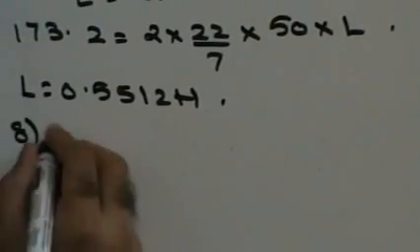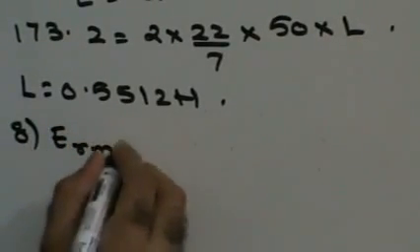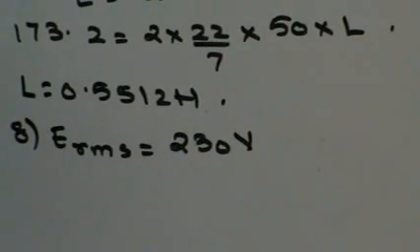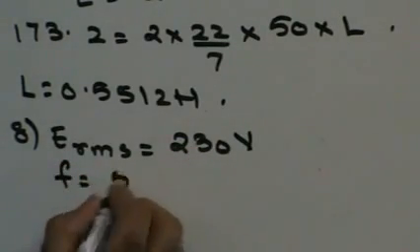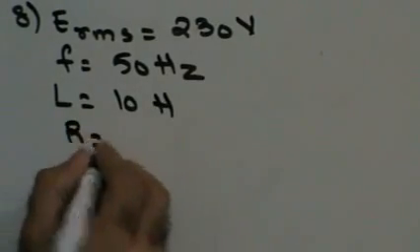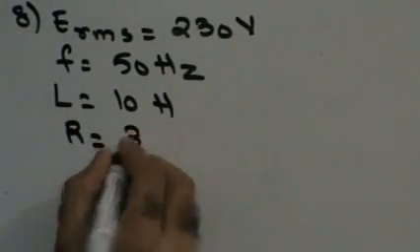An AC of 230 volts and 50 hertz is applied to 10 Henry and 300 ohms.